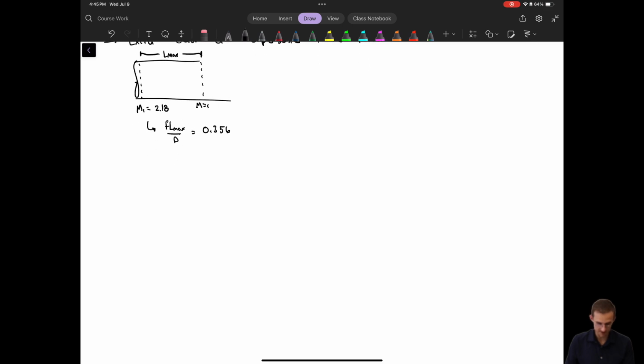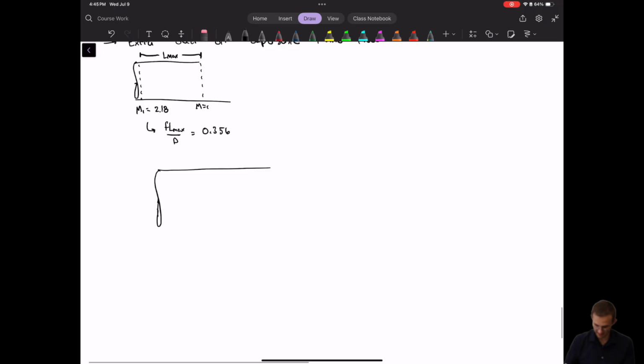And so if a shock occurs, let's draw this situation again and say that we started at M1 equals 2.18 and a shock occurs. We know from the normal shock relations that M downstream of the shock is going to be 0.550.